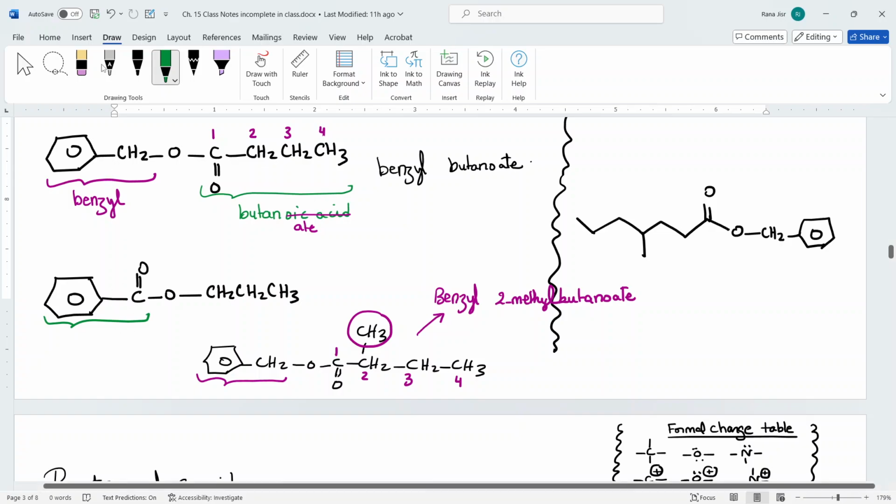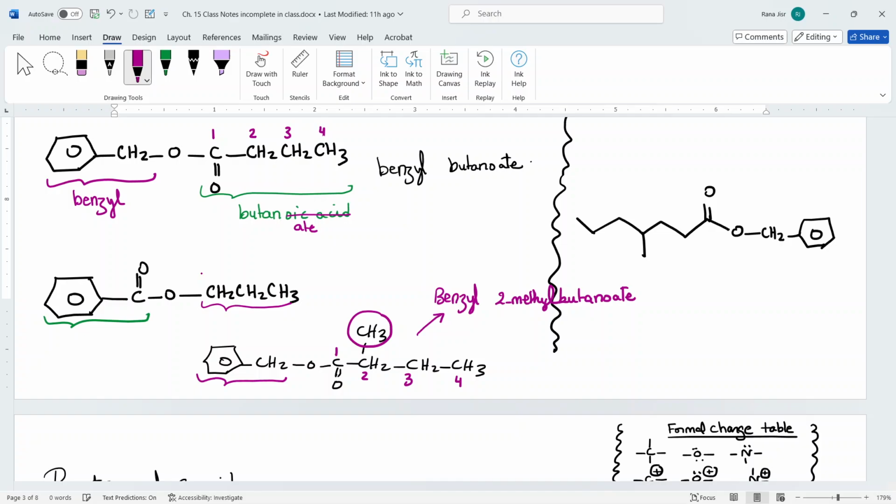So that is going to be my long carbon chain, and this is going to be my OR substituent that I'm going to start my naming with. So that is going to be the first name, which is a propyl, because this one is the one that is connected to the oxygen. So the name in this case is going to be propyl.